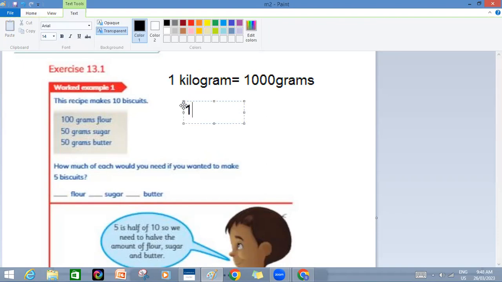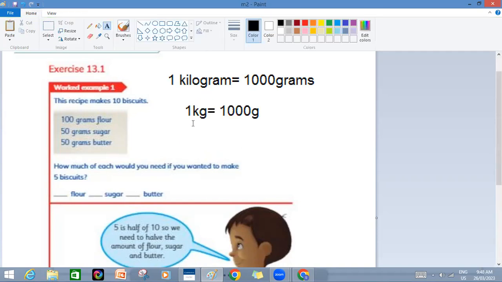We can also write 1 kg equals 1000 g. K is for kilo and G is for gram, and 1000 grams, G, makes 1 kg.